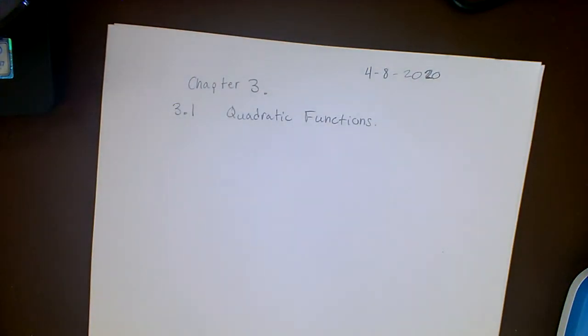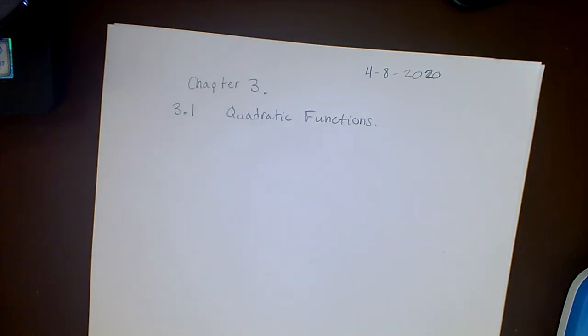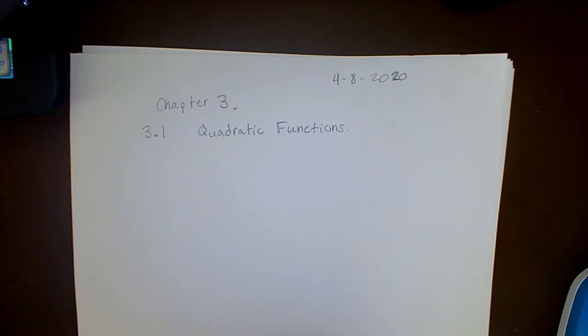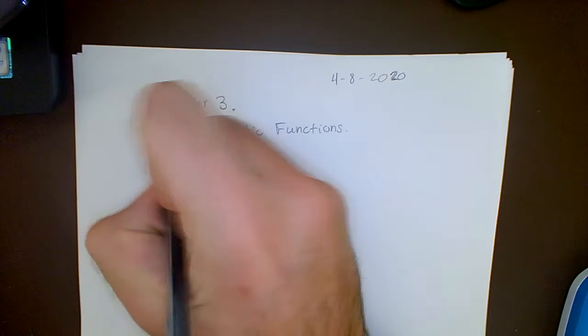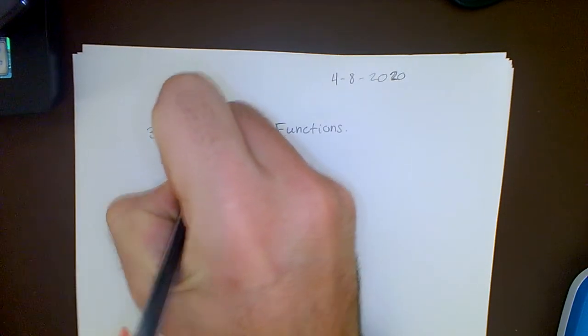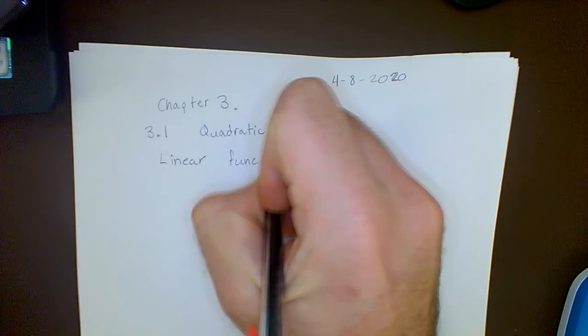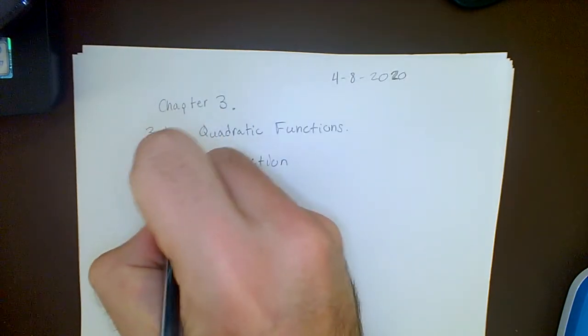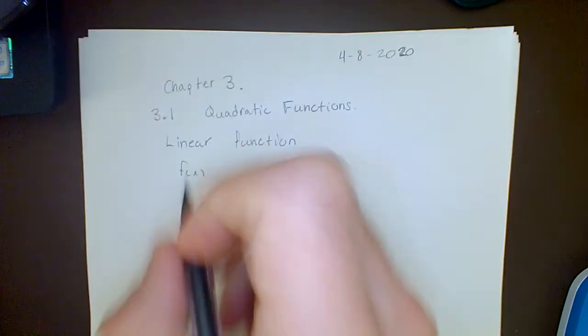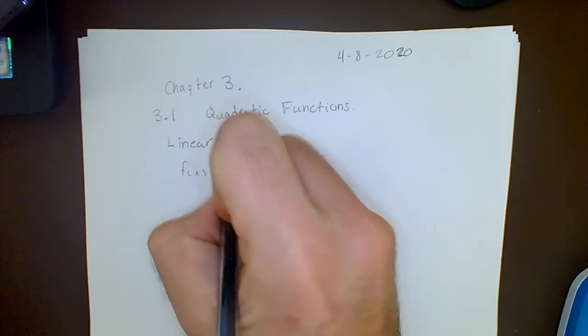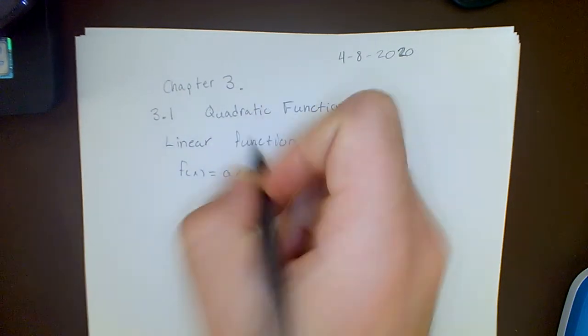So we've been talking about linear functions. A linear function takes this form: f of x equals ax plus b.